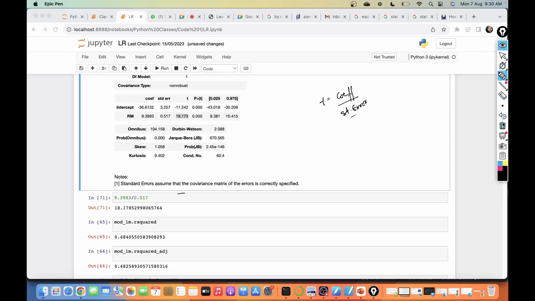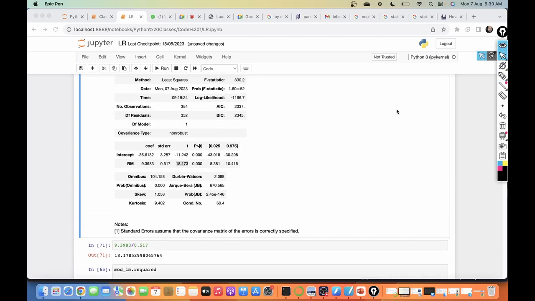So let's take an example for this one. Let's say you have 1,000 toys, all the same, and you need to measure the length of them.